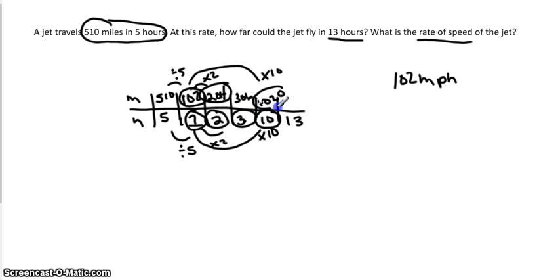I add together 1,020 plus 306, which becomes 1,326 miles in 13 hours. And that's answering my other question of how far could the jet fly in 13 hours. He can fly 1,326 miles.